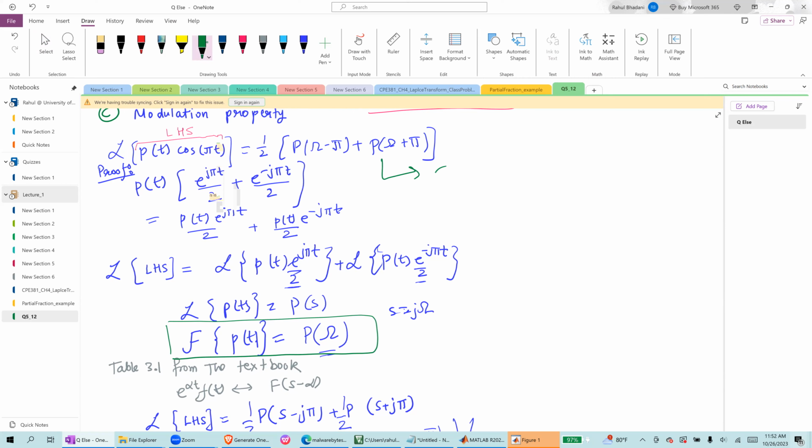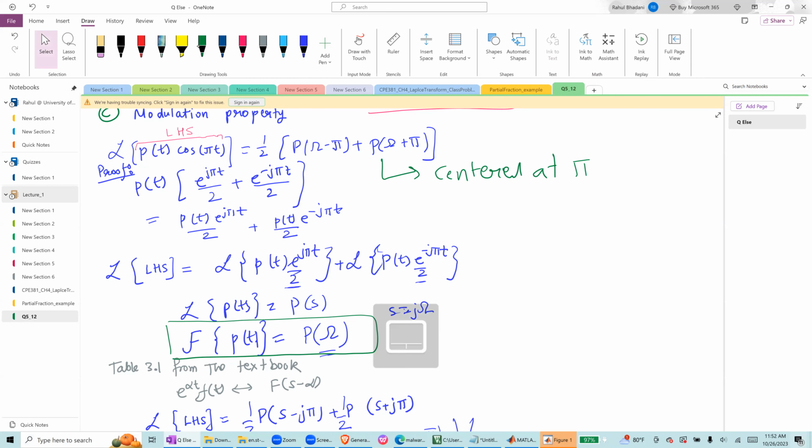In this case, it is centered at π. All right, so that was clear.